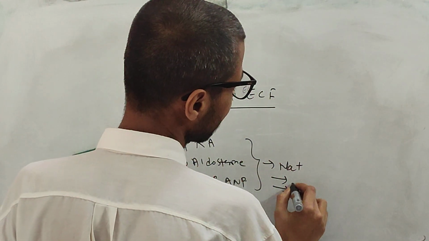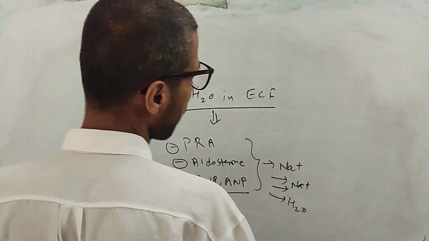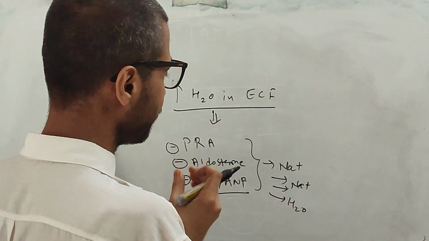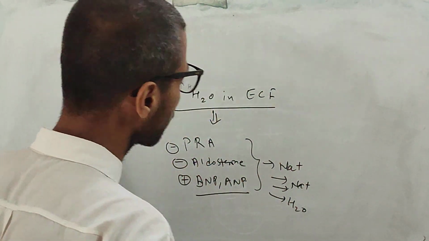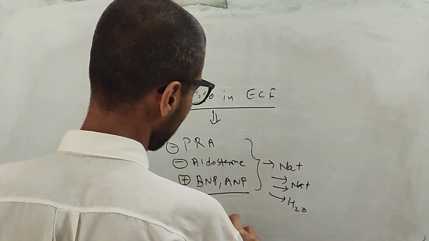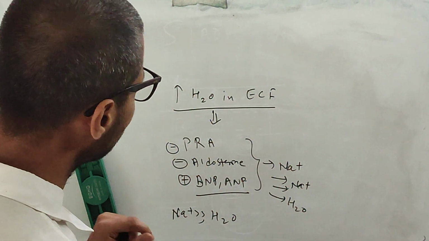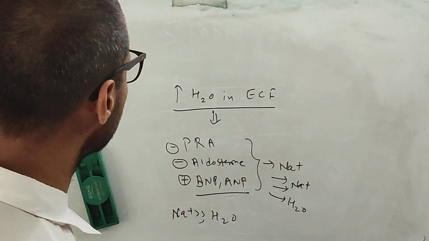So more sodium is excreted in the urine, and water follows that sodium. But despite water following the sodium, there is more excretion of sodium compared to water. So sodium is lost more than free water in the urine.